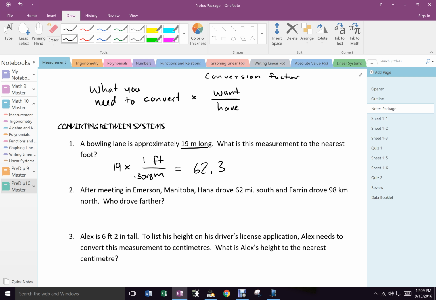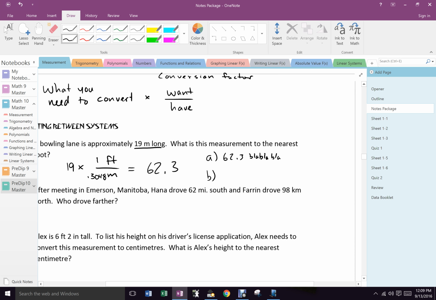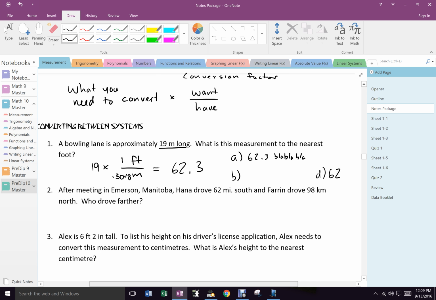And here is an example. If it was multiple choice, and it will be, choice A is going to be 62.3, blah, blah, blah. And choice B will be something, and choice C will be something, and choice D will be 62. What is the right answer?